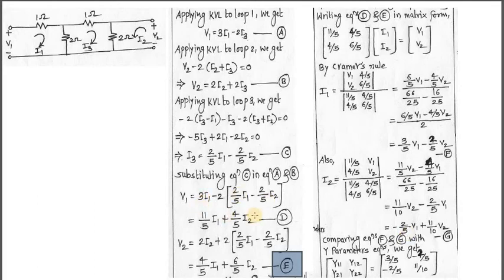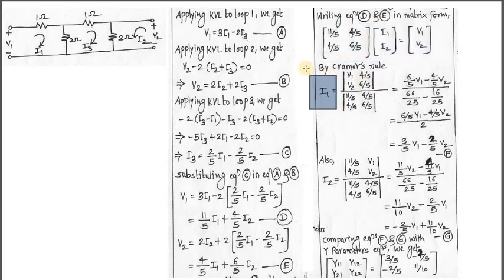Once you get equations D and E, you have to write them in matrix form, so that, look at this, it is written in the matrix form.